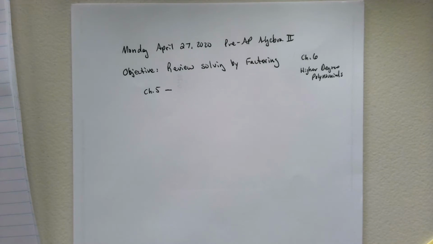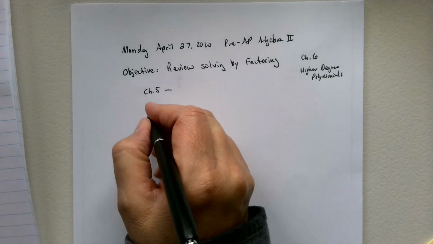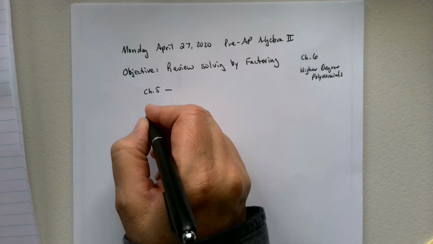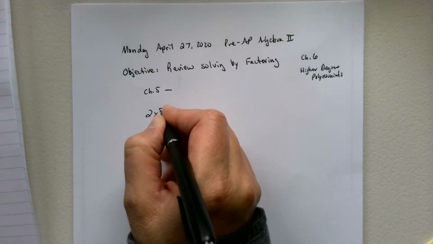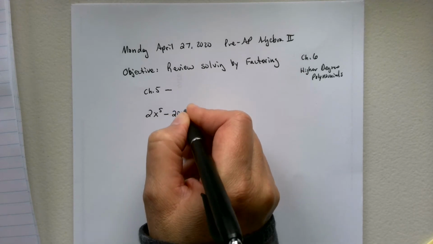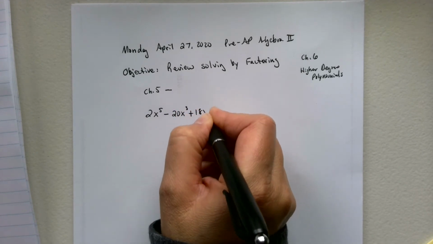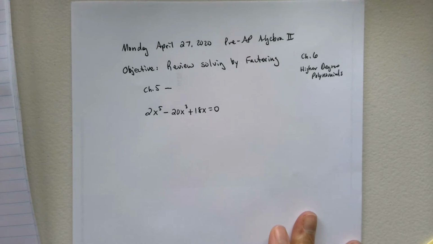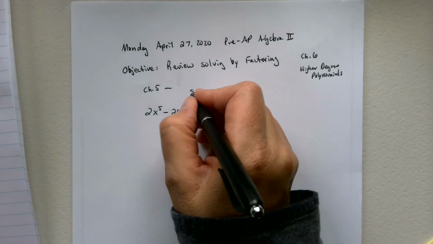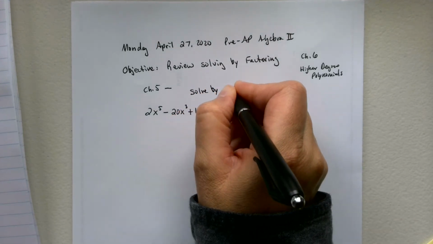And so I just want to review real quick and then get you some work to do. So if we have 2x to the fifth minus 20x to the third plus 18x equals 0, and the directions will be solve by factoring.